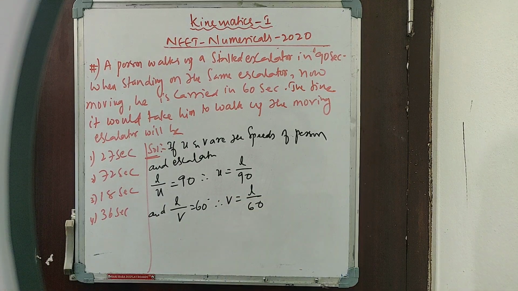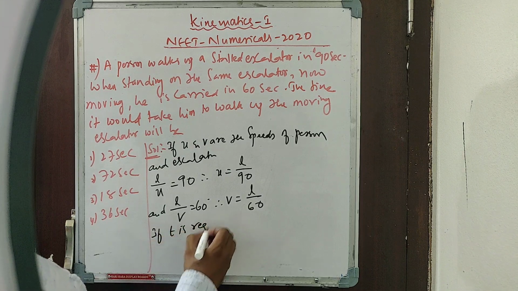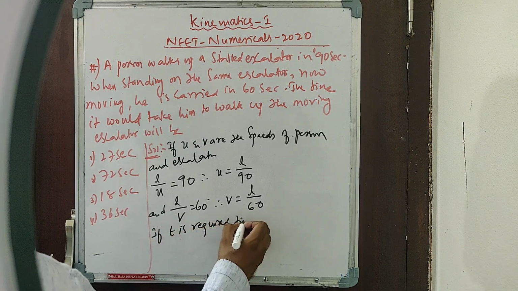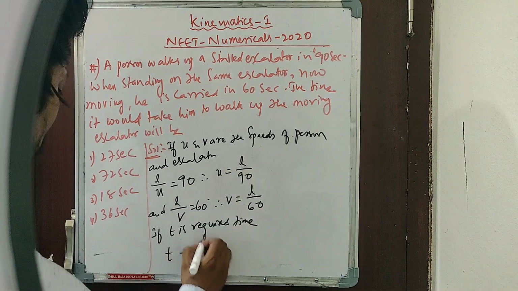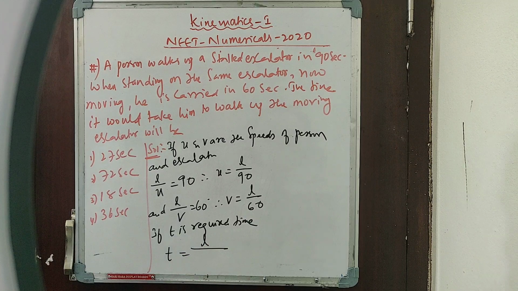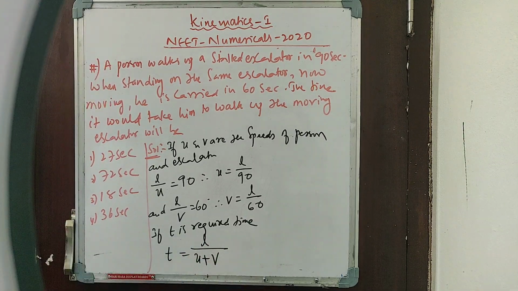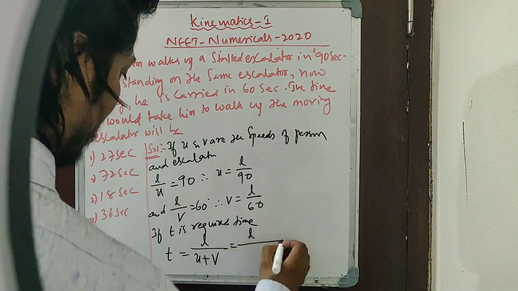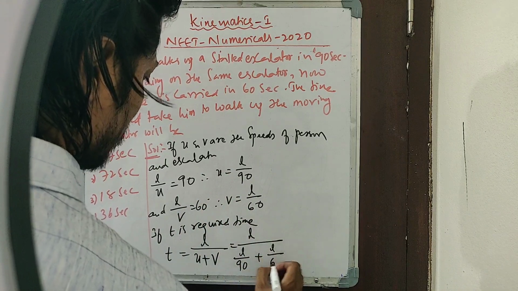So if t is the required time when it is moving in the upward direction, the person needs to travel the same distance L, but now the velocity will become u plus v, because both of them are moving in the same direction. So t is equal to L divided by u plus v, which is L by 90 plus L by 60.